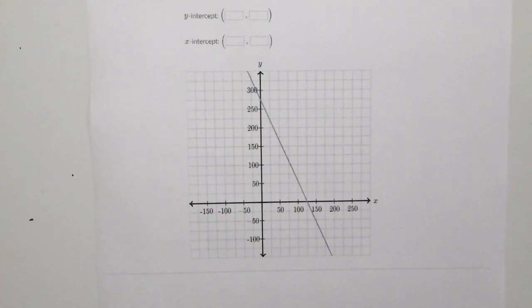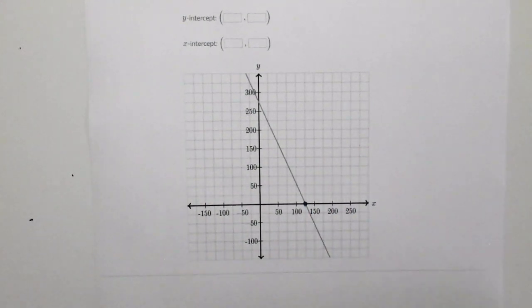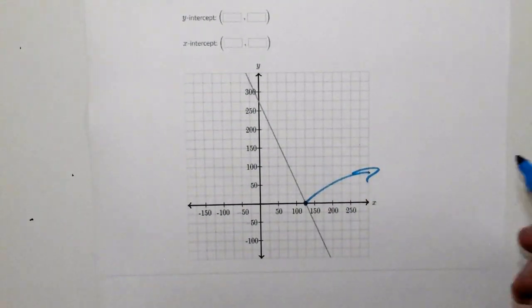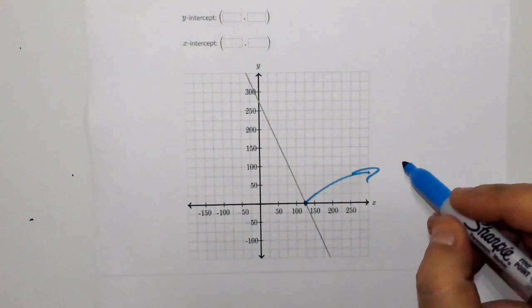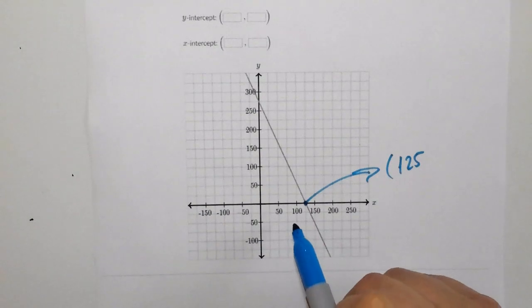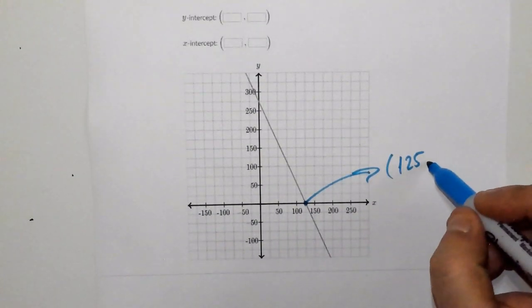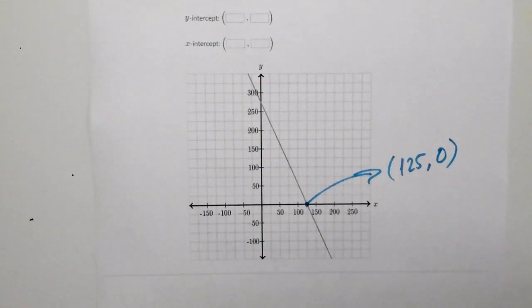So, what it's asking me is the x and y-intercepts from the graph. So, all I need to look at is where my line is crossing the x-axis and the y-axis. And that's this point. This point is, my x is 125 because it's going 100 to 150. There are 2 squares in between, so half of it must be 125, where y is 0.